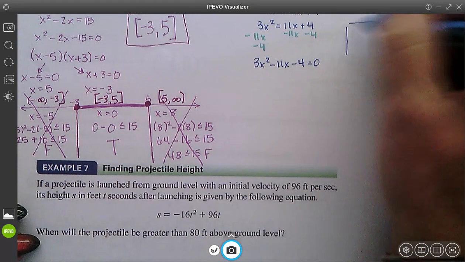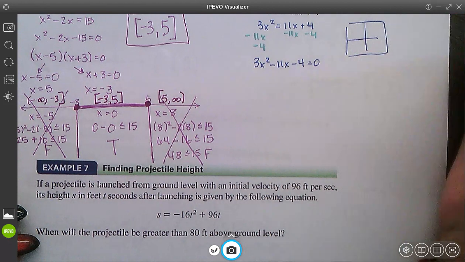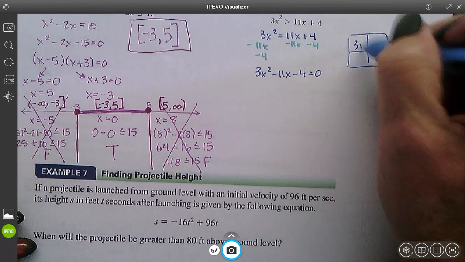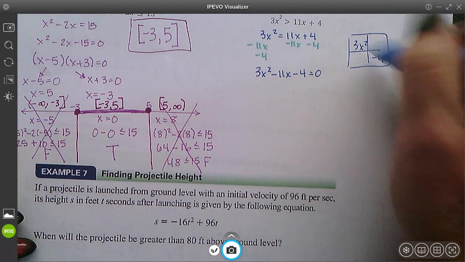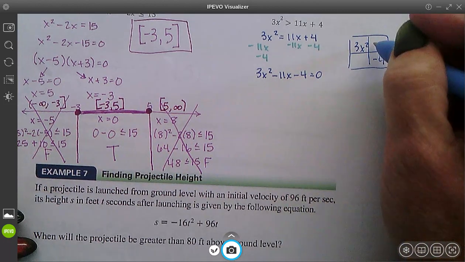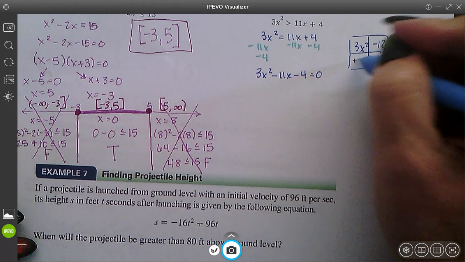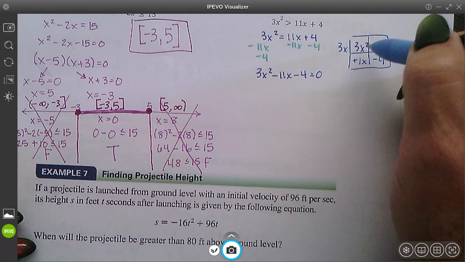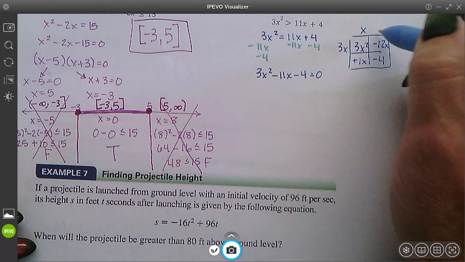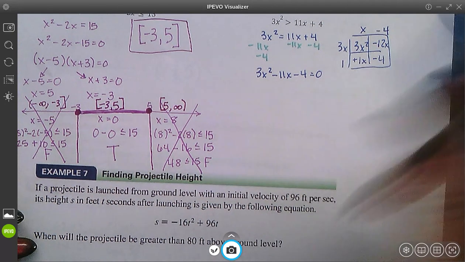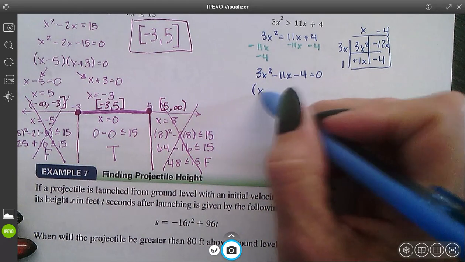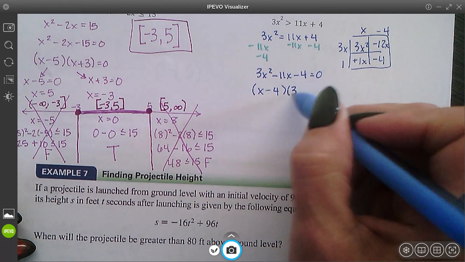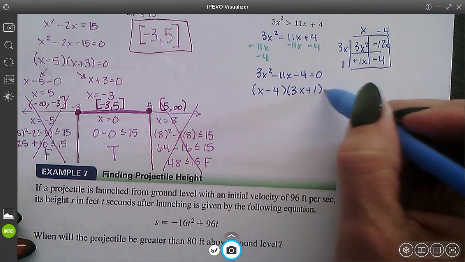Let's box factor that. What multiplies to negative 12x squared but adds to negative 11x? That would be negative 12x and plus 1x. So I got 3x and x and negative 4 and 1. So that's going to factor to x minus 4 times 3x plus 1.